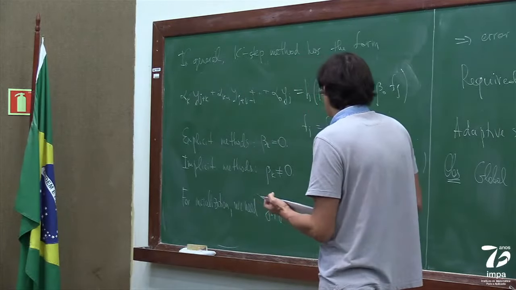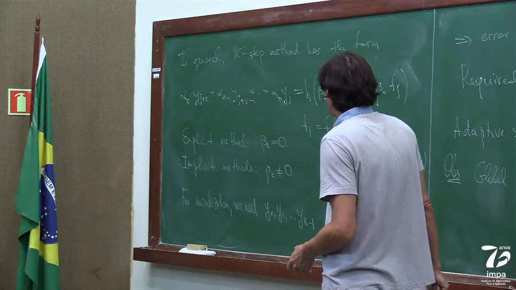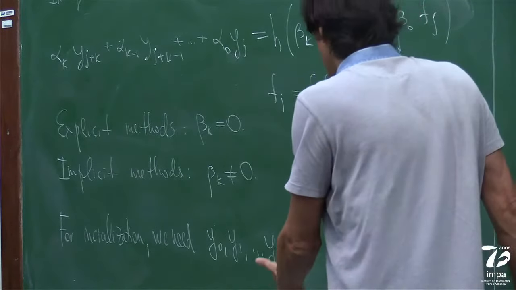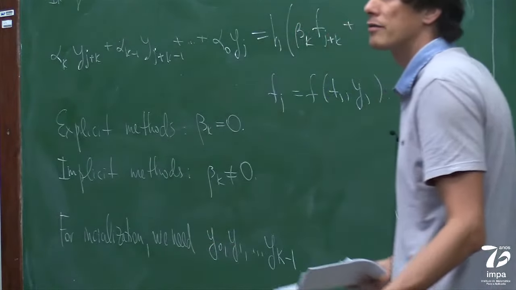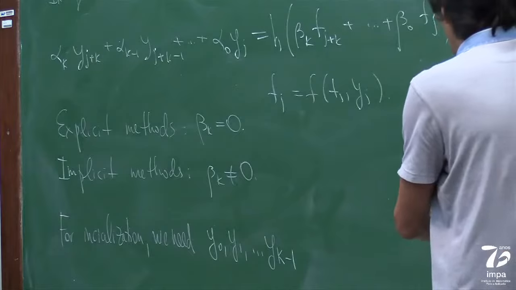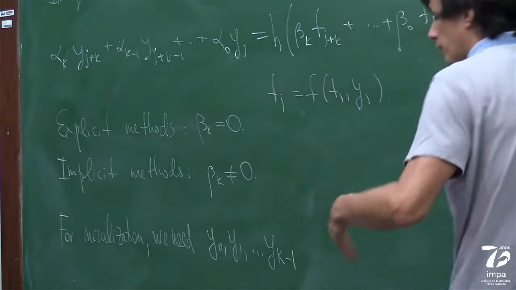When you use this method, for stability reasons, those first k values can be computed by any other method, like Runge-Kutta, because stability is what is important after many steps.